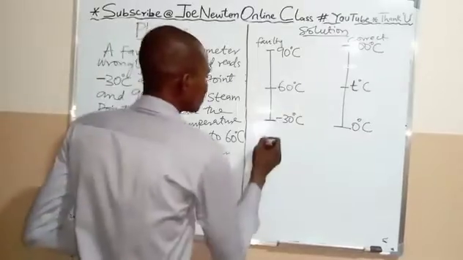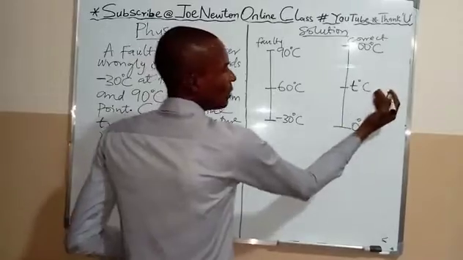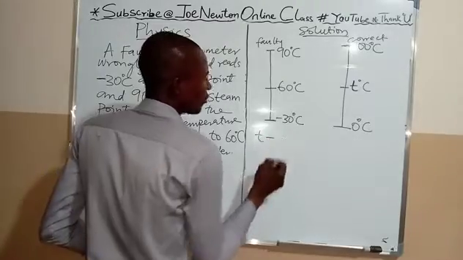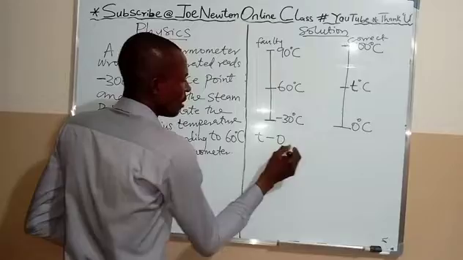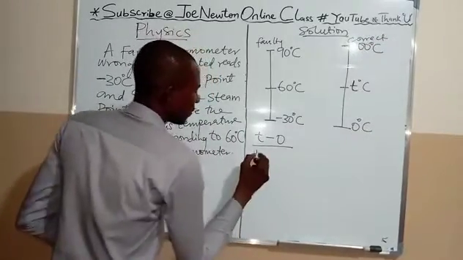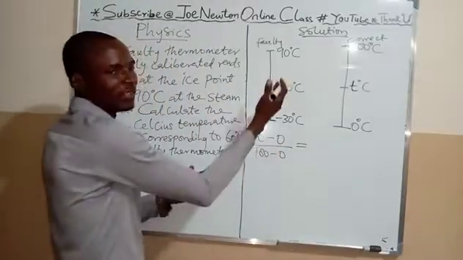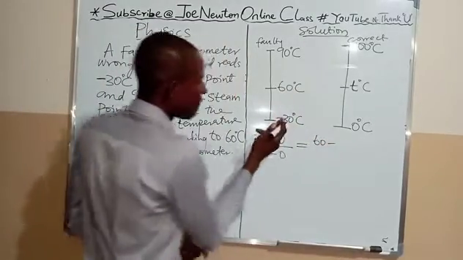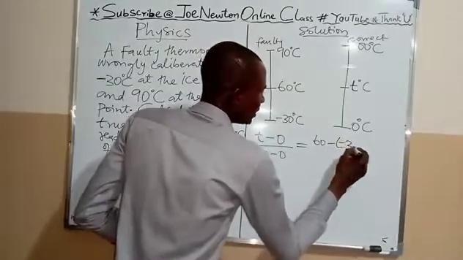Let's start from the correct one versus the incorrect one. We have T minus 0, that is this T here minus this 0, all over 100, the upper fixed point, minus the lower fixed point, 100 minus 0, equals, we do the same thing on this side, 60 minus, we have minus here, so it should be minus 30 degrees.